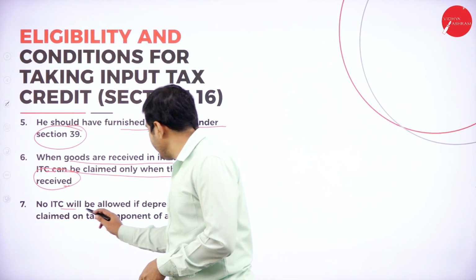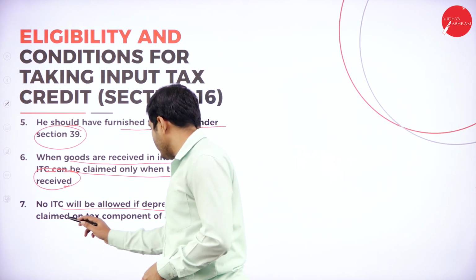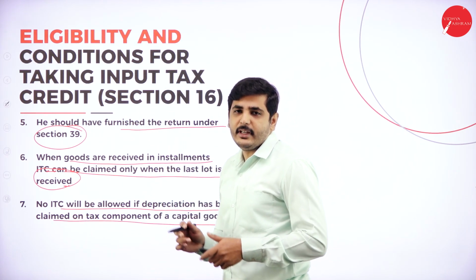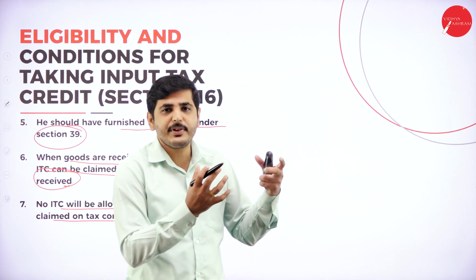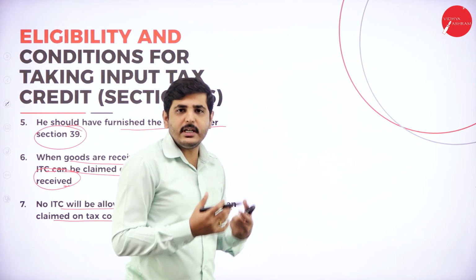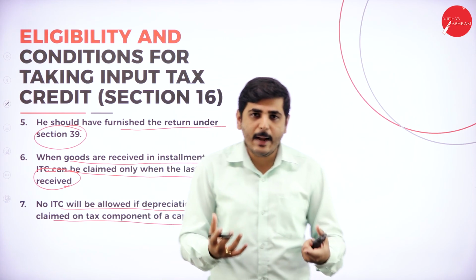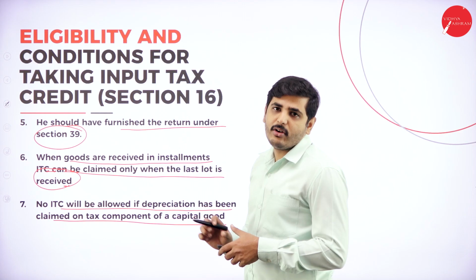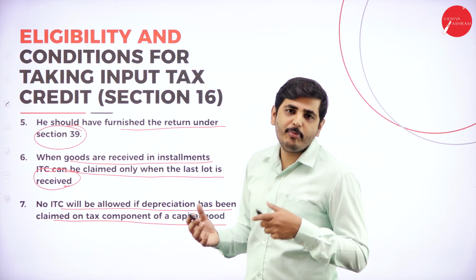Next one, no ITC will be allowed if depreciation has been claimed on the tax component of the capital goods. If we have purchased capital goods to produce the product, and we claim depreciation on that, once we allow depreciation, input tax credit cannot be claimed.